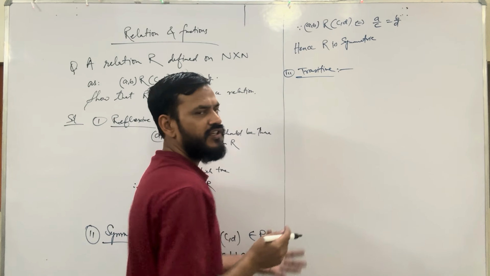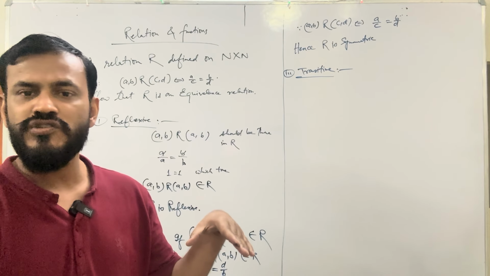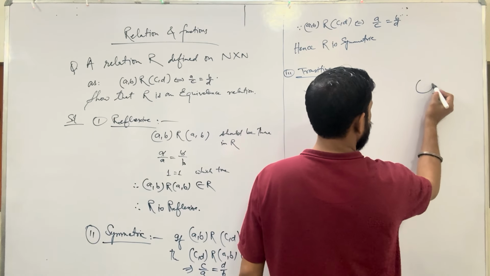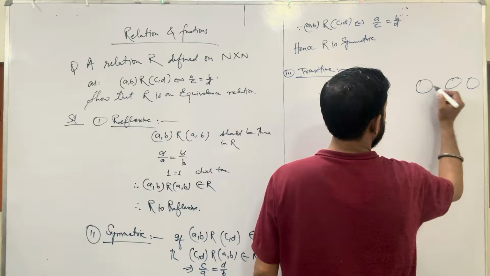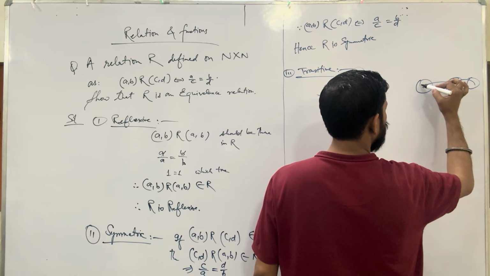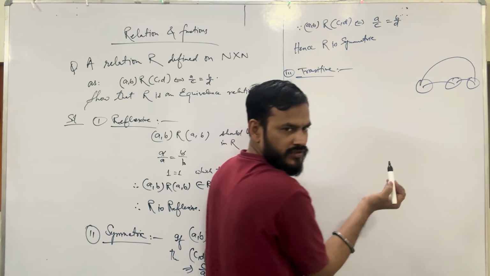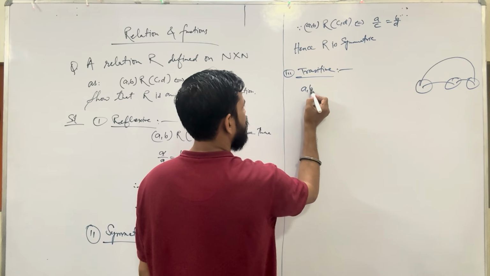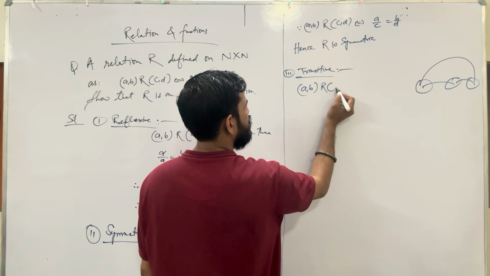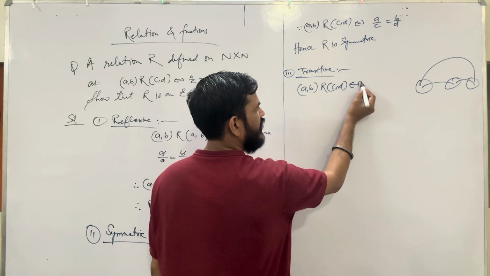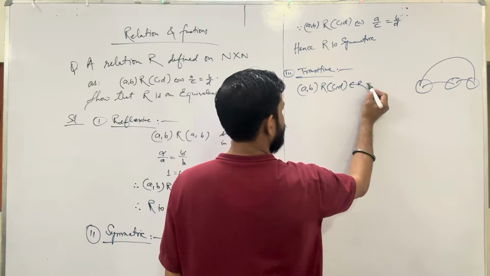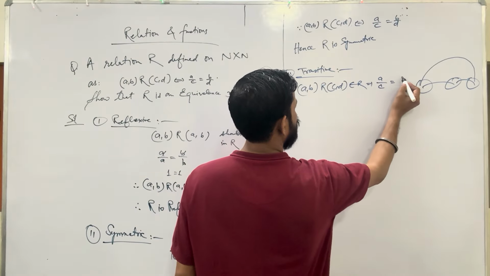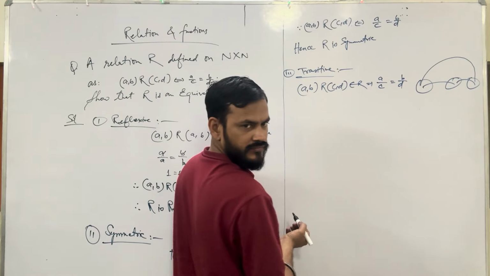Now we come to transitive. In transitive, we assume that two relations are true. We need to prove the third relation. So we assume that the first is related to the second, and the second is related to the third. We need to prove that the first is also related to the third. That is transitivity, right? So we assume that (a, b) R (c, d) is already in R. That means a/c is equal to b/d.